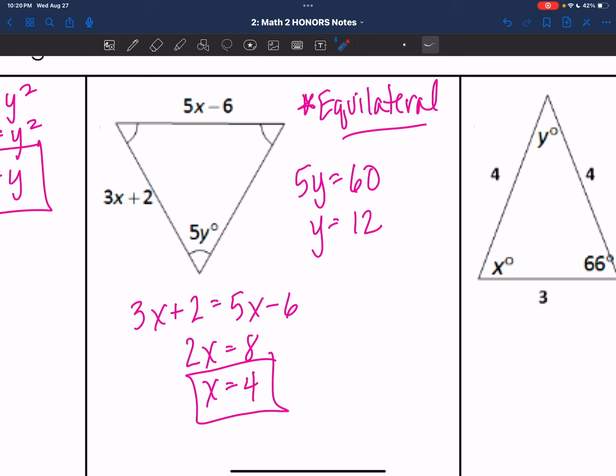And then for the sides, if this is equilateral, all the sides are the same. But we only need to find x, so we can use those two sides. We don't care about the third side in this case. But I know this side is congruent to that one. So we're going to go 3x plus 2 is equal to 5x minus 6. And again, solve that, and you get x equals 4.